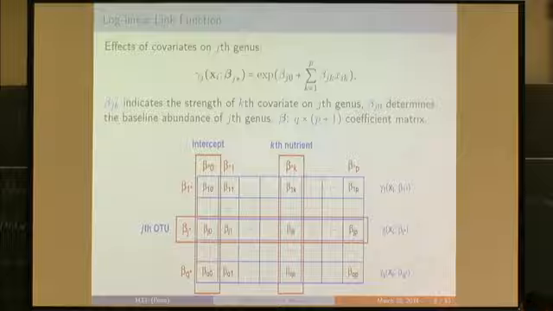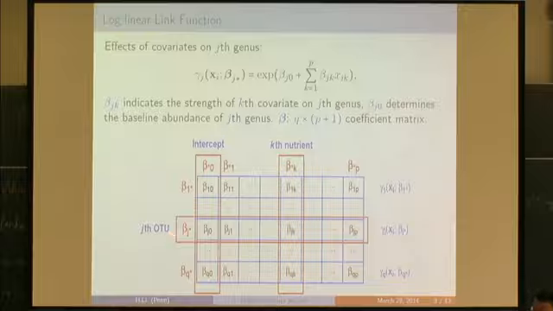And for each given genus, those betas summarize how different nutrients affect the abundance of this particular OTU. So that's the interpretation of the beta.